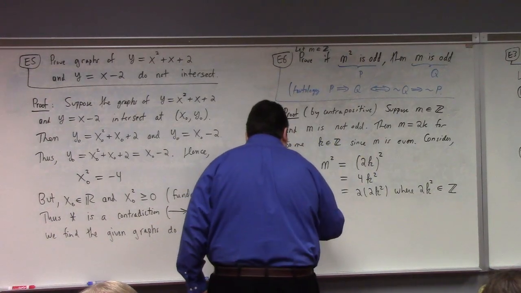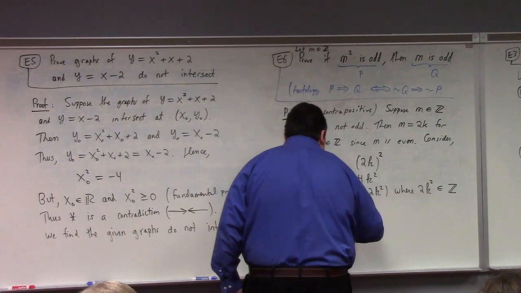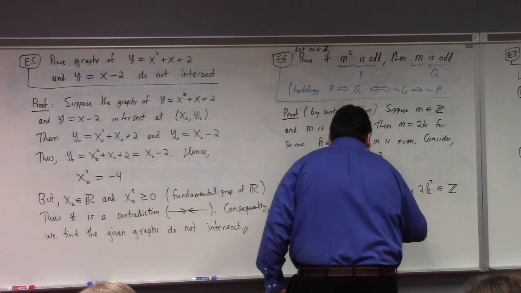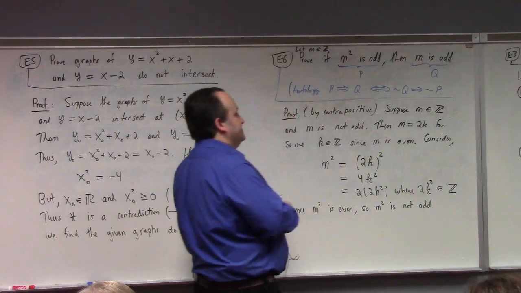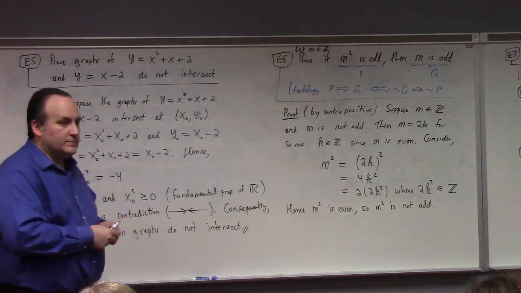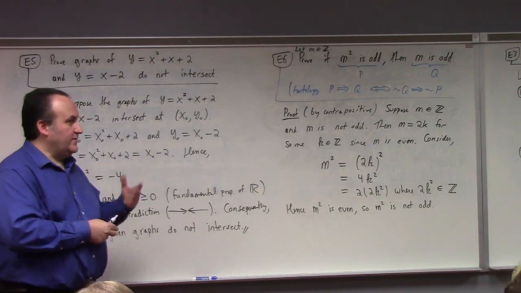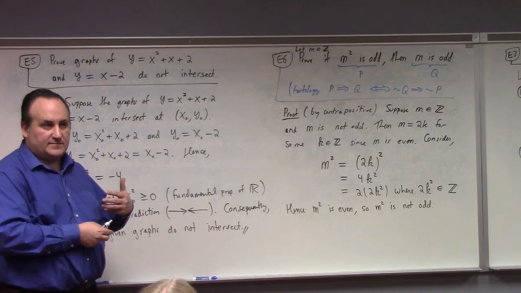Hence, m squared is even, so m squared is not odd. So we've assumed m is not odd. We've now proved that m squared is not odd.